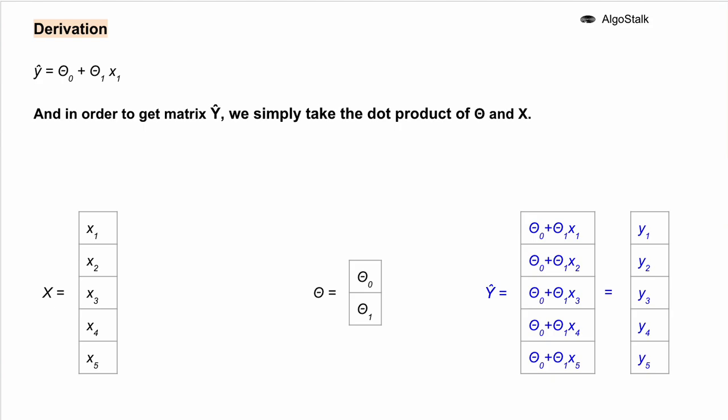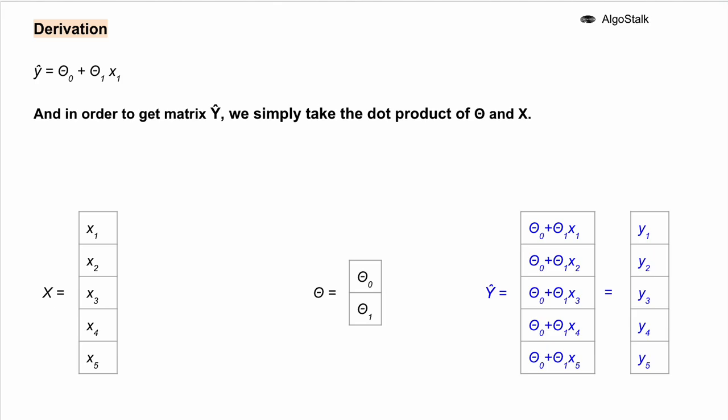To get our predicted values matrix y hat, we need to perform a simple operation, the dot product of theta and x. On this slide, you can see how it works. We take our matrix theta, which has theta 0 and theta 1, and multiply it by our matrix x.